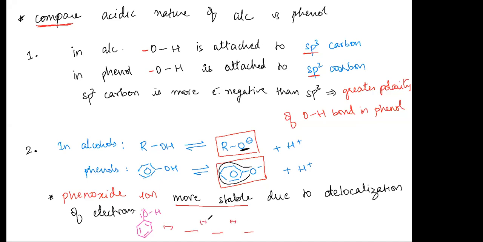That'll be better, to properly clarify it. Because of this delocalization of electrons, the phenoxide ion is stable, so this reaction will happen more readily than this reaction. So phenol will give up the H plus more readily as compared to alcohols.